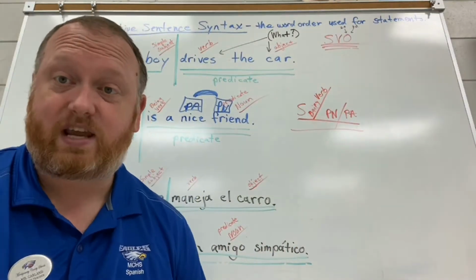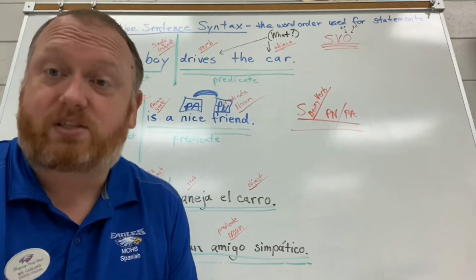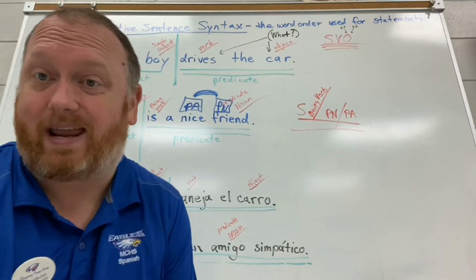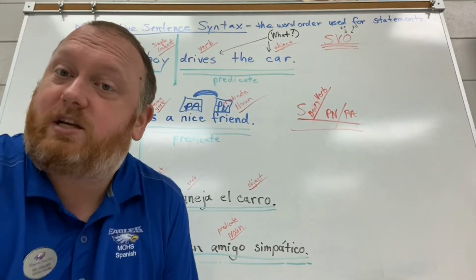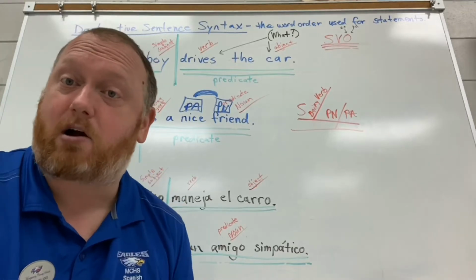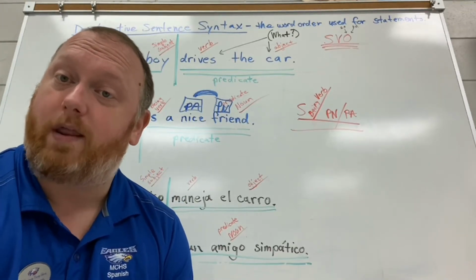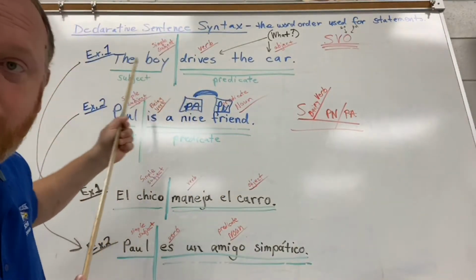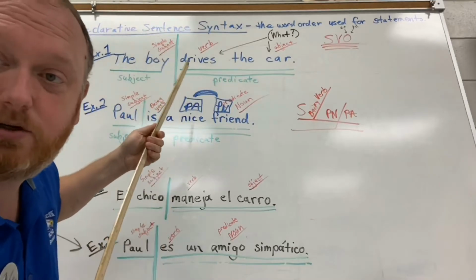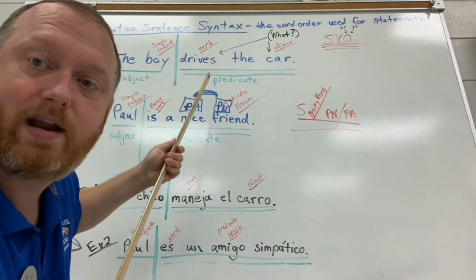It says that it's a particular boy, not just any boy, but the boy. So it is an adjective, it does describe, and it does tell us something about boy. That's good for the subject part. We could have some adjectives too, describing the boy: the smart boy, the fun boy, whatever.